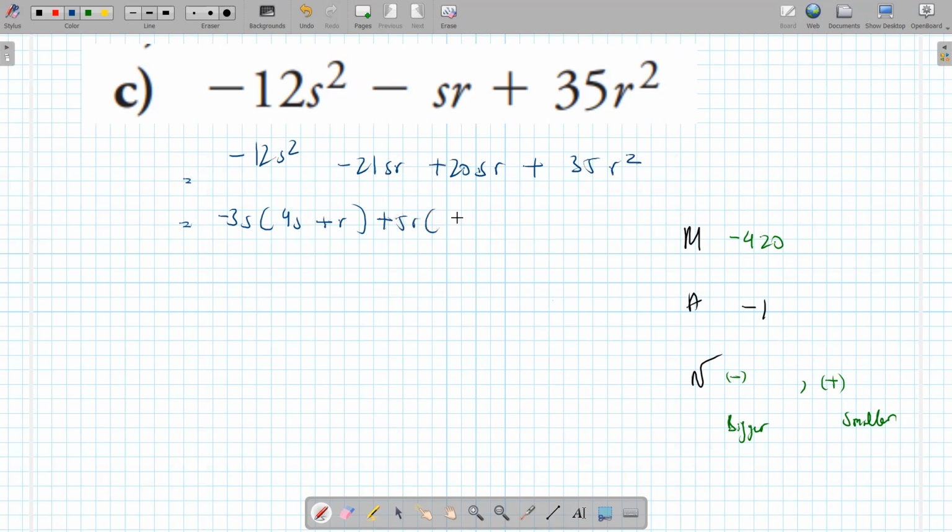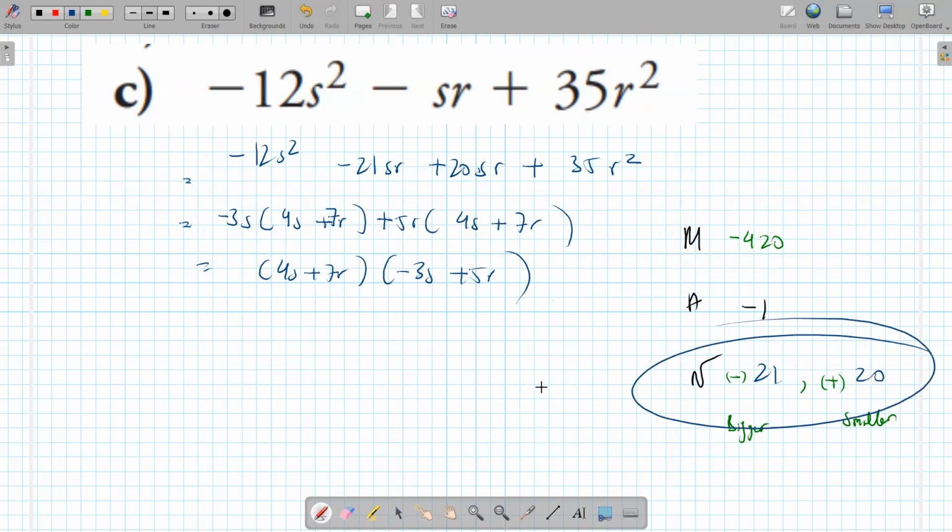Then you'll be left with 4S plus 7R. Yes, and now we have the answer. It's going to be 4S plus 7R, negative 3S plus 5R, and you're done, okay? So here the tricky thing was finding the numbers, but you just pick a point and you'll see whether to go up or down.